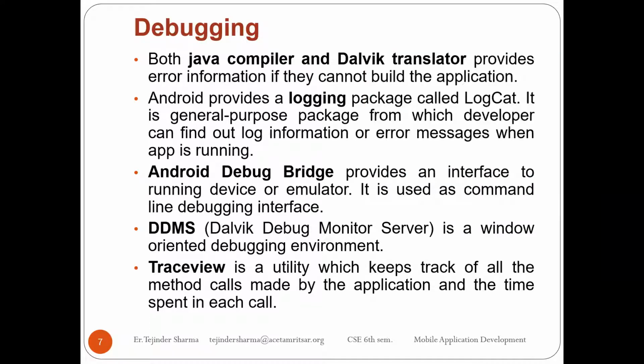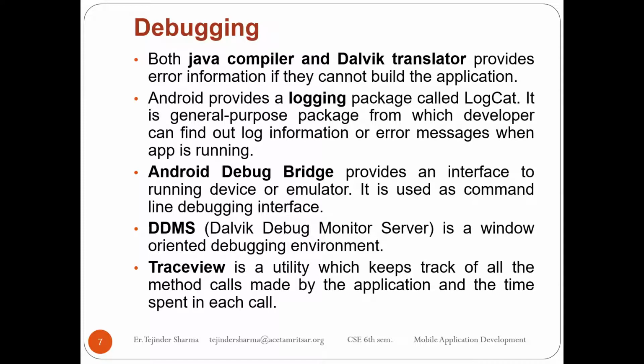So next, Android debug bridge. Android provides a logging package called Logcat. It is a general purpose tool from which the developer can find out the error messages when the app is running. So this stores the messages when you run your app, and Logcat will have the list of errors. Android debug bridge provides an interface to a running device or an emulator.